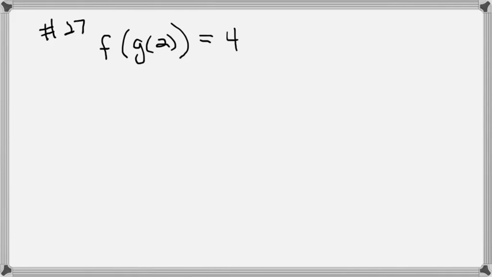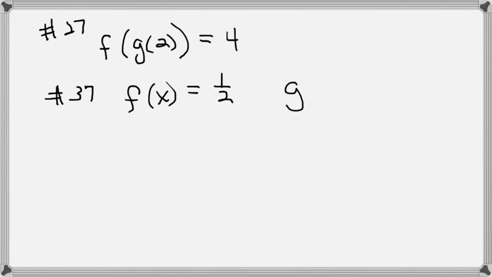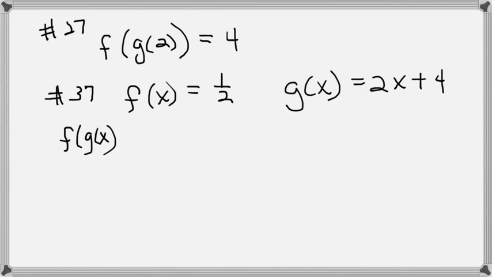Let's do one more. Let's do like 37, because this is f of x, and we're going to let g of x be 2x plus 4. And so here they wanted you to find the f of g of x. And you can look in your book at problem number 37 and see where I'm getting that f of x is given to you as 1 over x, not 1 over 2.